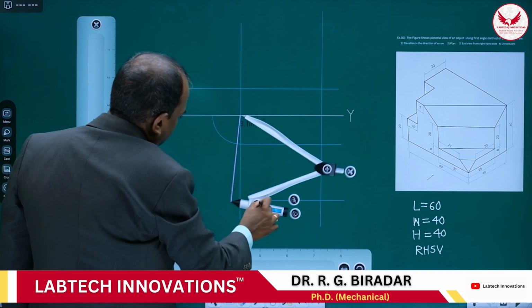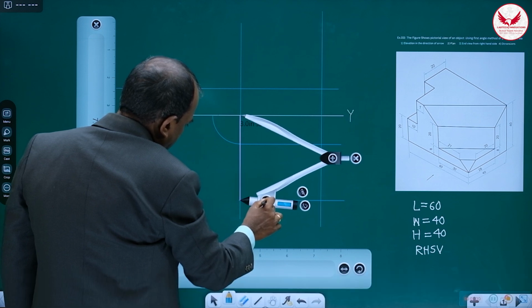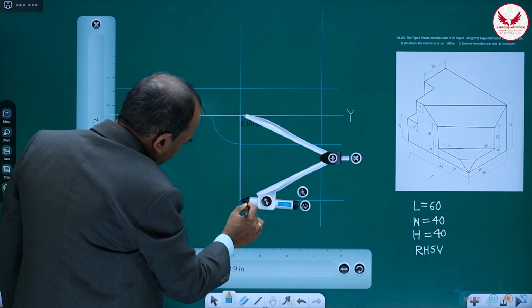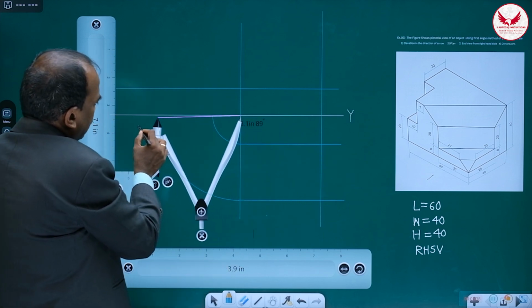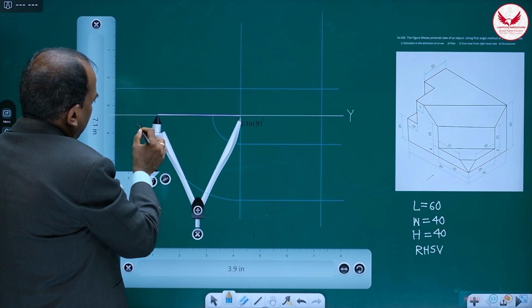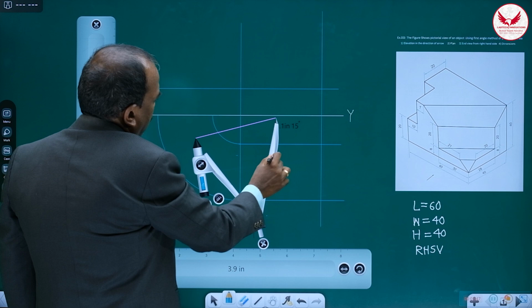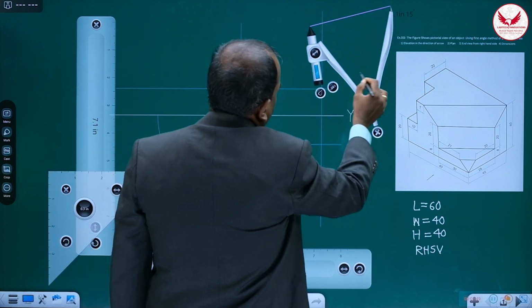Then again extend this radius so the width will be added, and mark this 90-degree again. Correct. So the work of the compass is over.